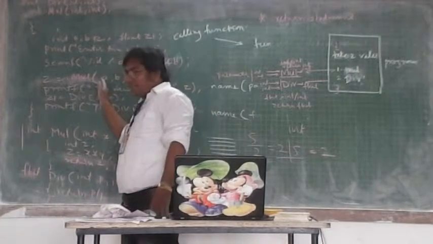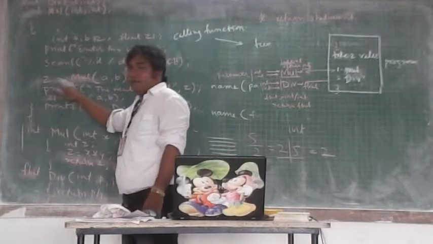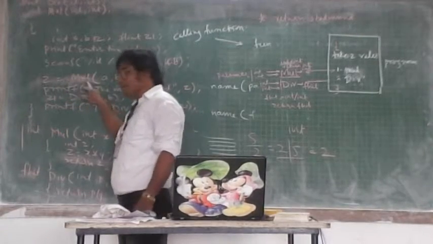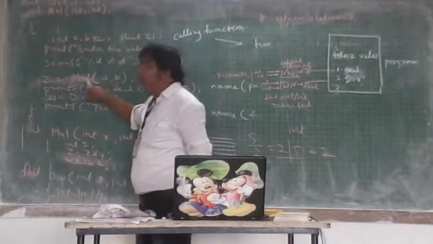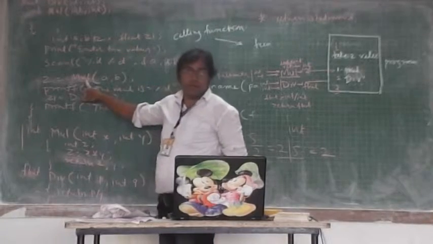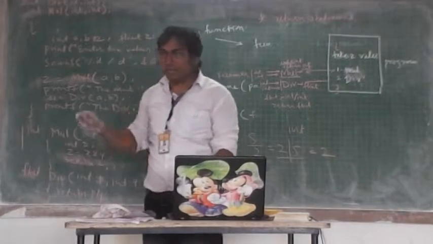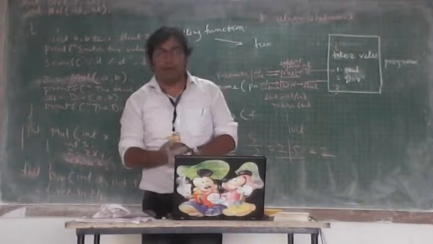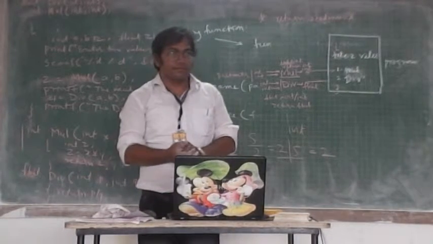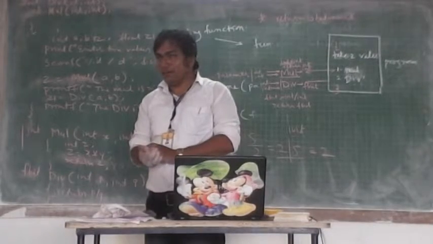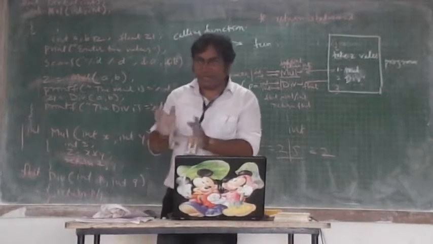So if you see the right side of this assignment statement, what is here? Mul. Does the compiler understand or not understand what is meant by mul? It understands. Why?